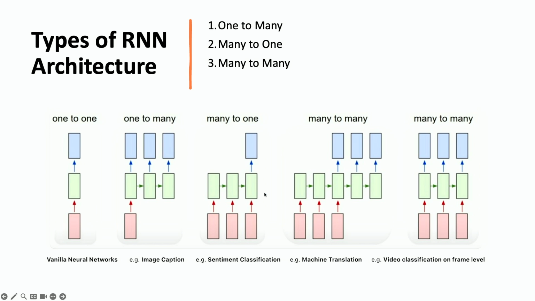Here, for example, in machine translation, you provide a sequence of text. It means you provide some amount of information, and at the output you also have another amount. This kind of many-to-many relationship is used in machine translation.